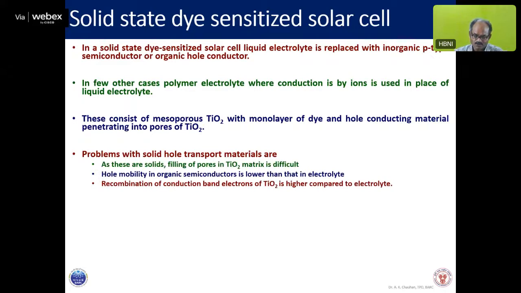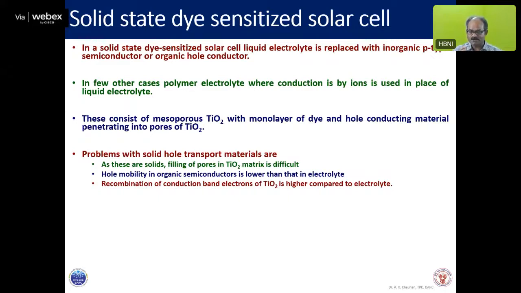There are of course many problems with solid hole transport materials. First, since it is a solid, filling the pores inside the TiO2 matrix is difficult. And why is it important? You must have seen we have many spheres of TiO2 over one another.